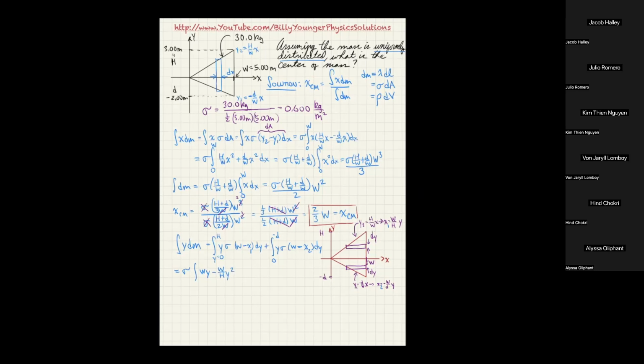So that's what w minus x1 times y is, and then that's times dy, and this is going to go from 0 to h, and this is the integral from 0 to negative d.